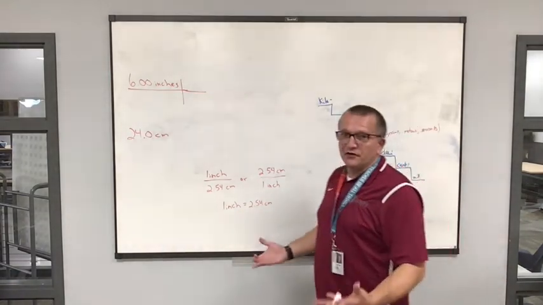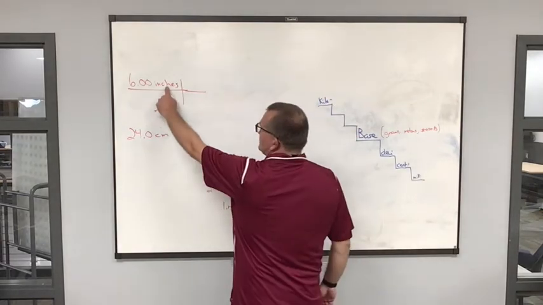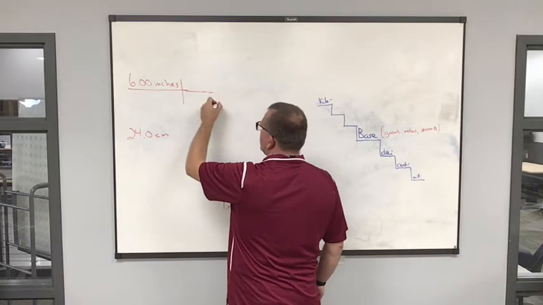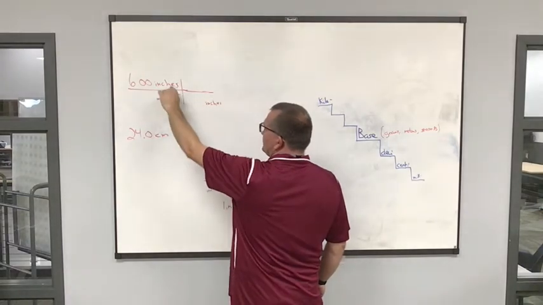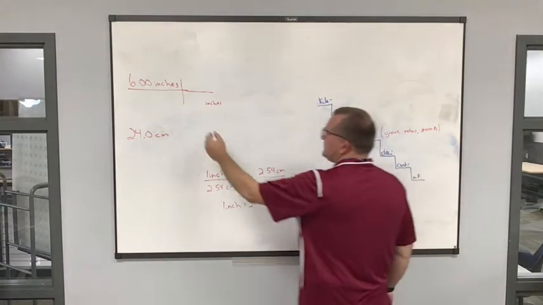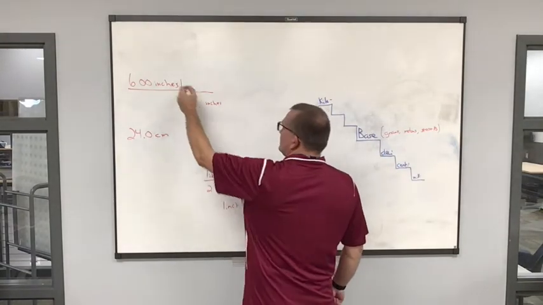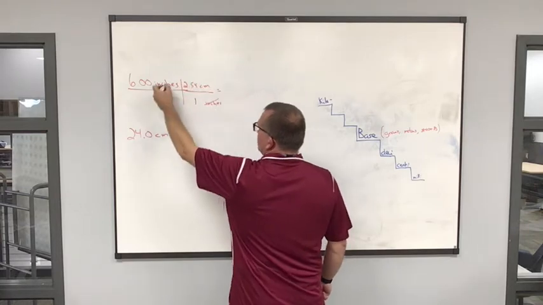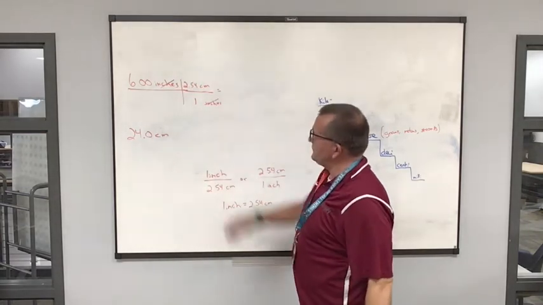When I do a conversion, if inches is here, I want inches to be diagonal from it in my conversion factor. So I want inches on the bottom. So 1 inch is 2.54 centimeters. That allows my inches to cancel, and my answer will be in centimeters.